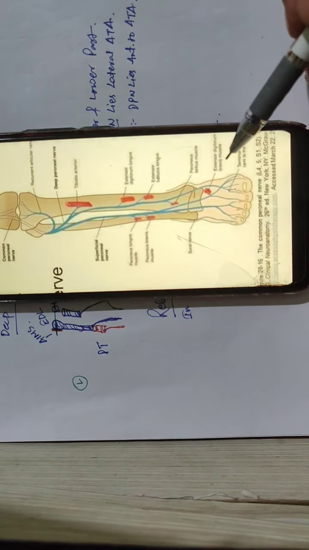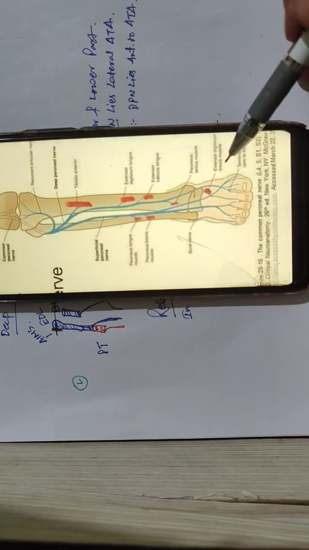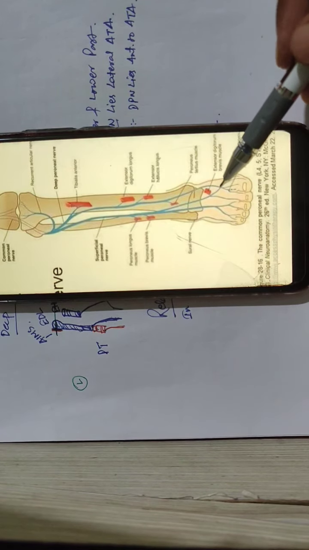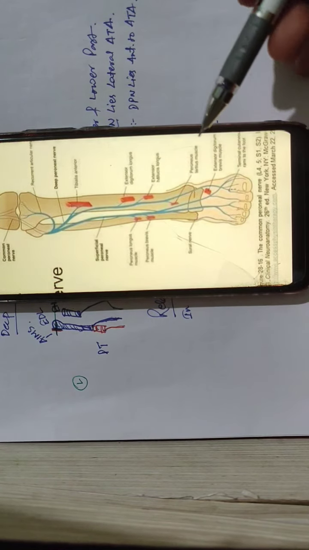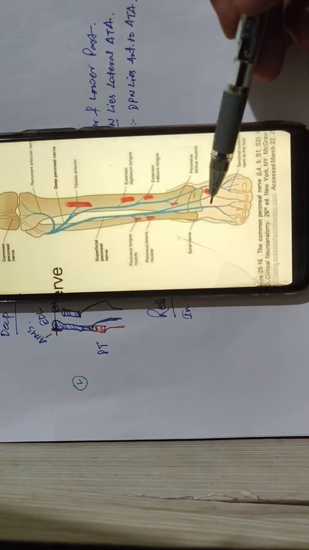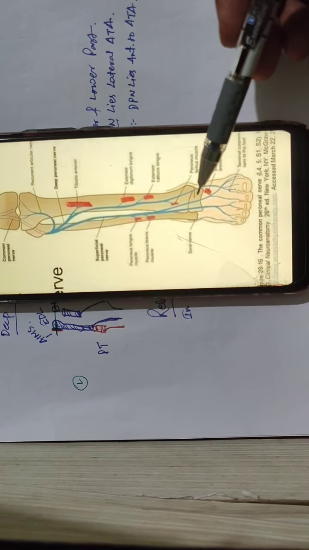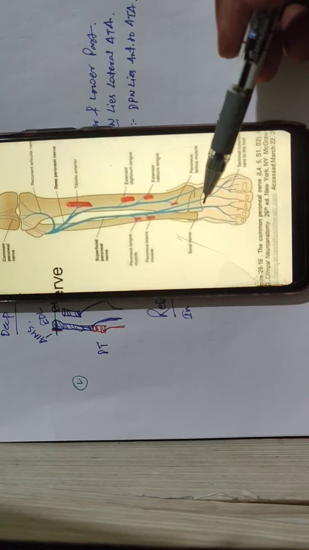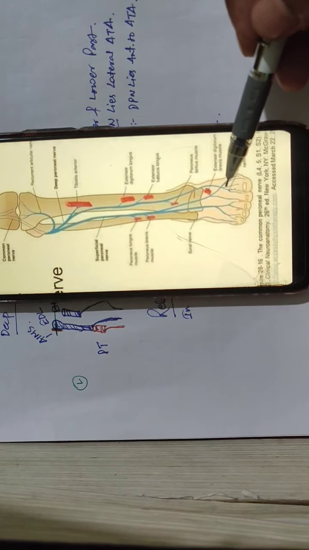And also it supplies one muscle found on the dorsum of the foot, not the sole of the foot, the extensor digitorum brevis muscle. It is also supplied by the deep peroneal nerve. And the articular branch supplies the ankle joint, tarsal joint, metatarsal joint and metatarsophalangeal joint. And one cutaneous branch supplies the skin of the first interdigital cleft.